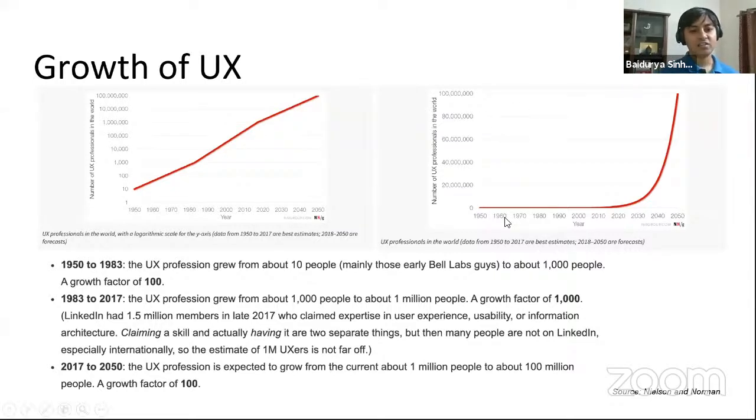From 1983 to 2017, it grew by a factor of 1,000 to 1 million people. And from 2017 to 2050, the predicted growth is by a factor of 100, which is around 100 million people. If you see the right side of the graph, it is like an exponential growth. So for the people who have questions about whether UX is there as a career in the future, it's going nowhere. It's going to grow much more in size.